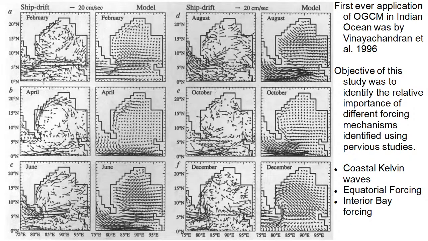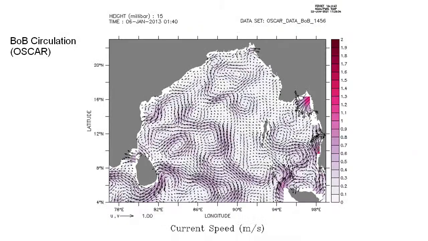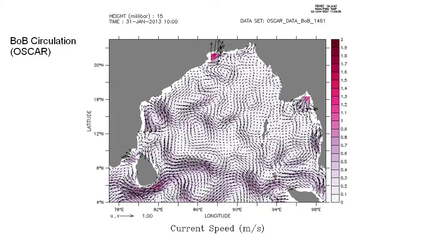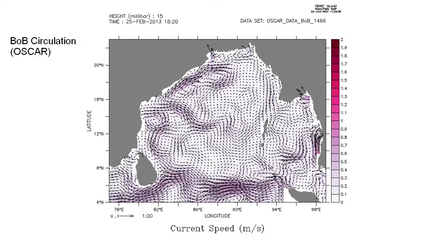Based on the study, he found that the most important forcing mechanism is the coastal Kelvin waves, then comes the equatorial forcing, and then the interior bay forcing. This was a very interesting and path-breaking study in terms of ocean circulation modeling in the Indian Ocean. So these were the stories of the 90s, and then we have data from satellite.